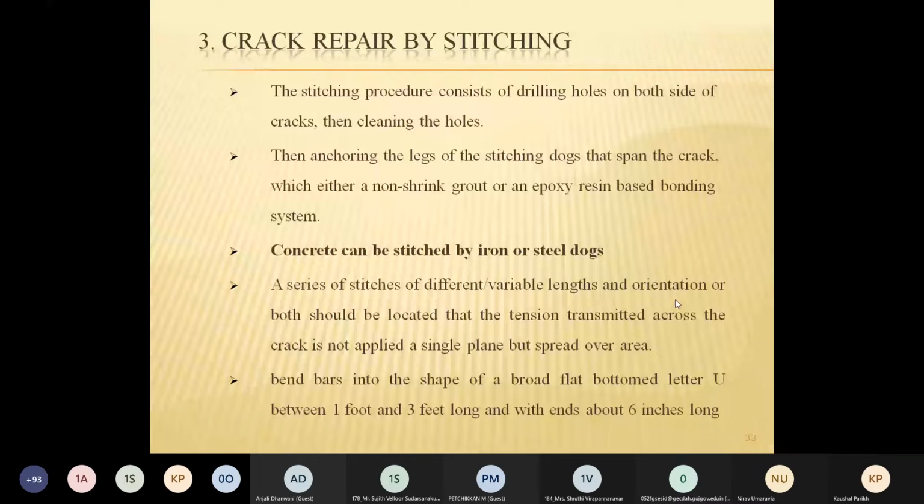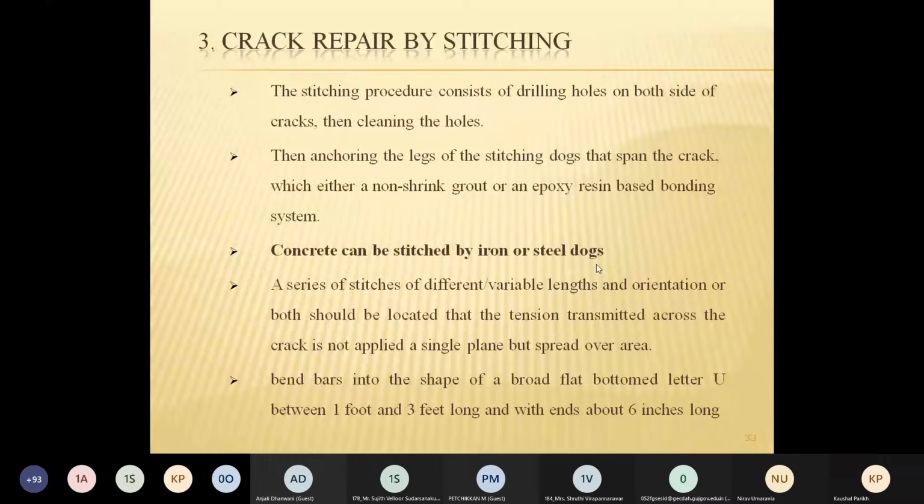Concrete can be stitched by iron or steel dogs. Right now, in advanced terminology, people are also using FRP rods for the stitching. A series of stitches of variable lengths, or orientations, or both should be located so that the tension transmitted across the crack is not applied on a single plane but spread over an area.